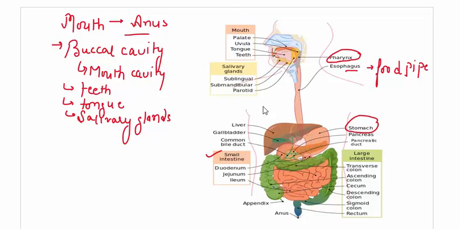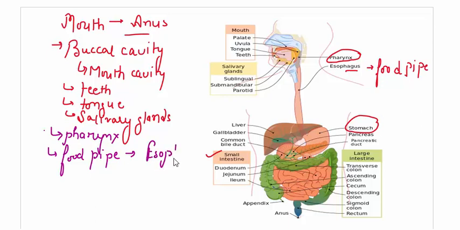Let us write here. I have shown you this hierarchy of the digestive organs in the diagram. Let us write it also here with another pen. The buccal cavity leads to the pharynx, which is a very short passage. The pharynx leads to the food pipe, also called the esophagus. The esophagus leads to the stomach.